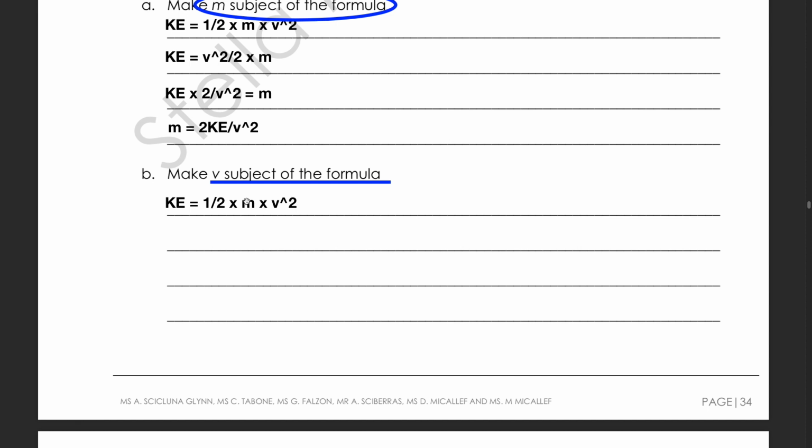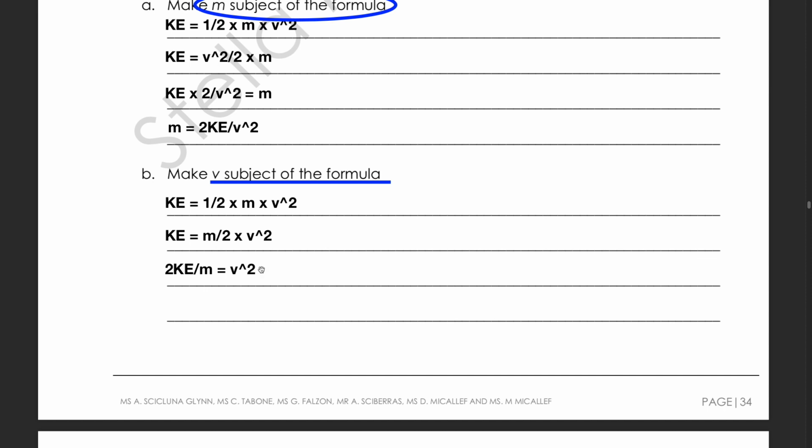We will group m with 1/2, which will give us m on 2 multiplied by v squared. Taking m on 2 onto the other side will give us 2KE divided by m is equal to v squared.